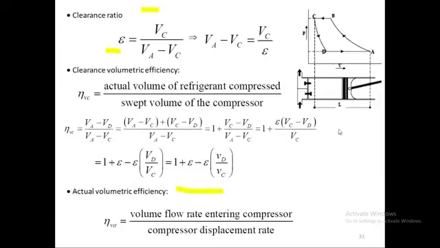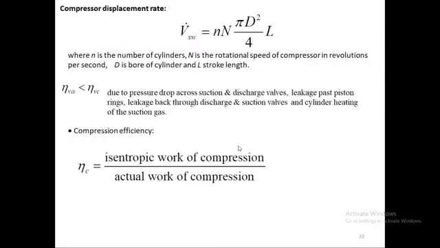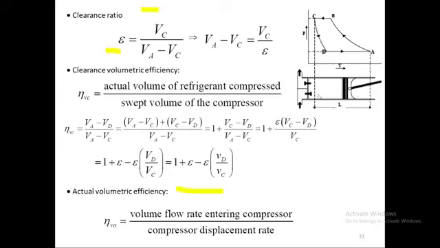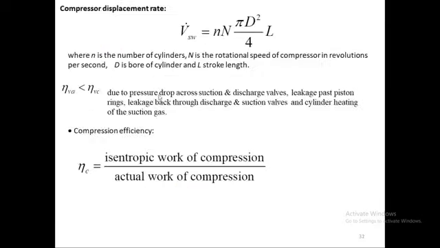Pi by 4 D square is that cross-sectional area multiplied by the length, so that will give you the displacement volume, and then we multiply it with the number of cylinders.